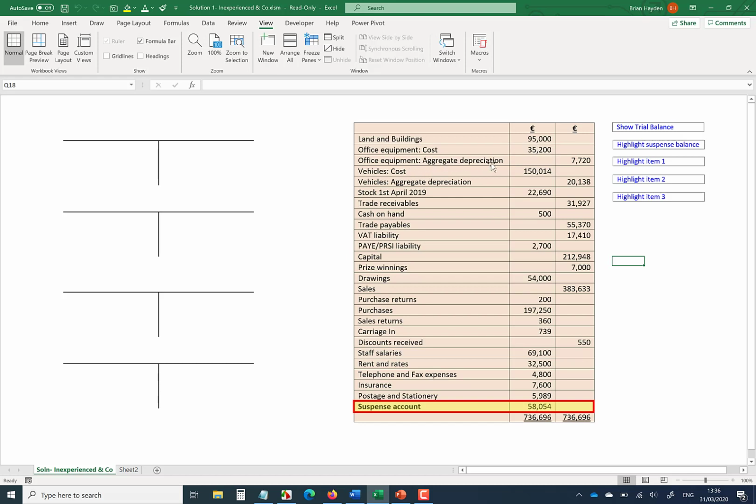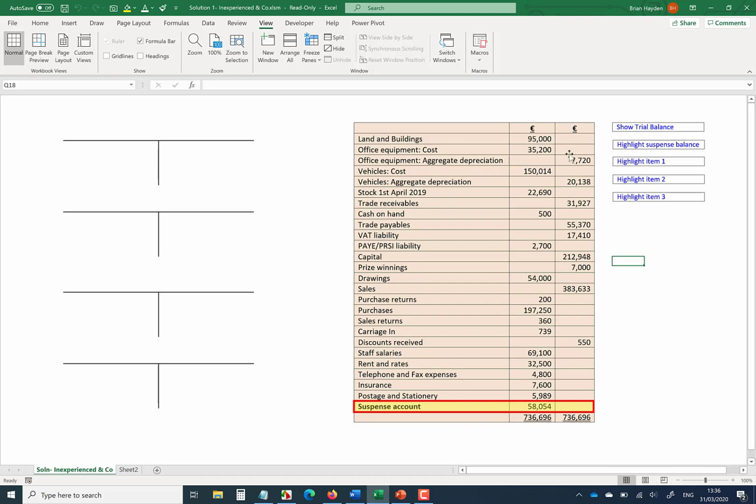Office equipment aggregate depreciation. So that's probably the first one. There's a little bit of ambiguity about the nature of this. Now, aggregate depreciation is also known as provision for depreciation, and a provision in accounting is a special type of liability. It's an estimate of a future loss. So we're going to lose money. It's a liability in the future.